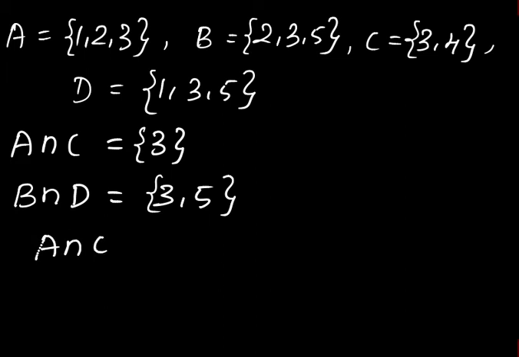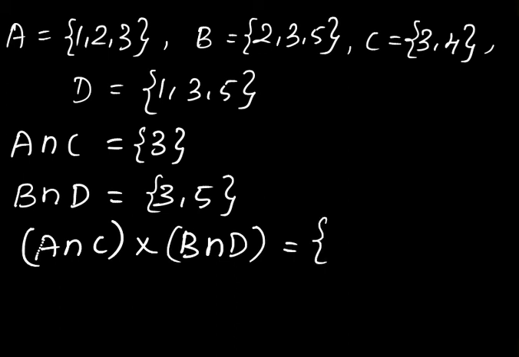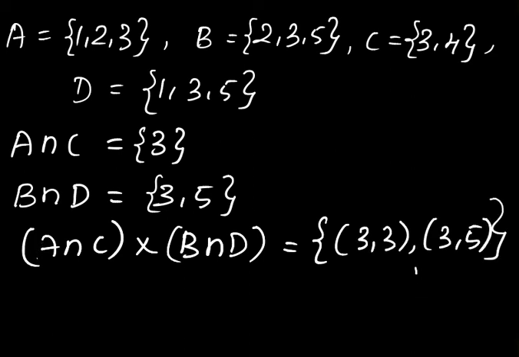So next, write these two in ordered pairs. When you write in ordered pairs, we'll get (3, 3) and (3, 5). So now we have solved our LHS. Mark this equation as 1.